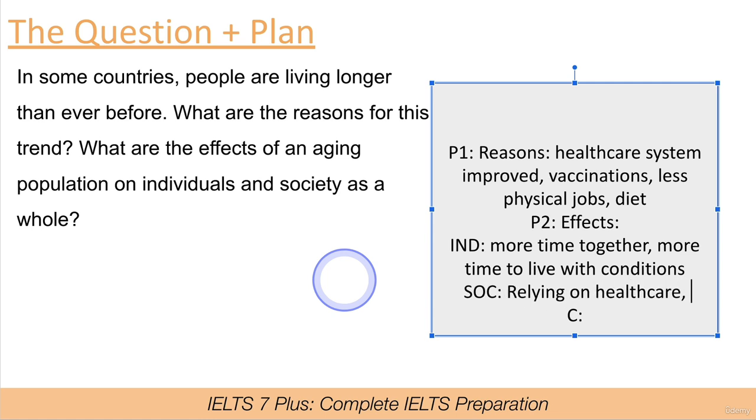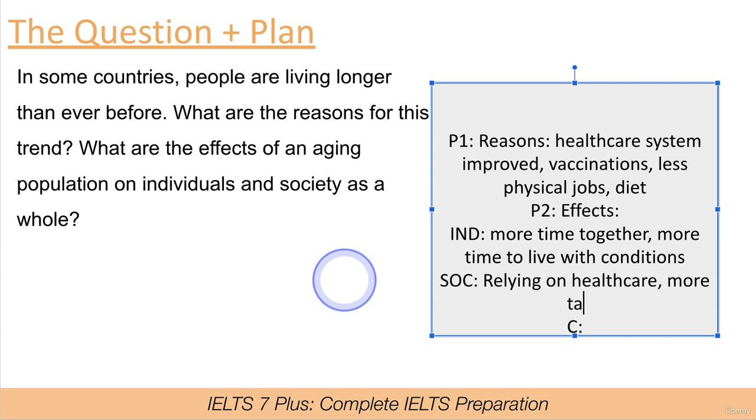So perhaps more taxes need to be... People are taxed more to provide the financial support for this, and the pension age in a lot of countries is getting higher, so people are working for longer. Maybe that's an individual effect, actually. We could argue it from both sides, as a whole, as a society, or as an individual.